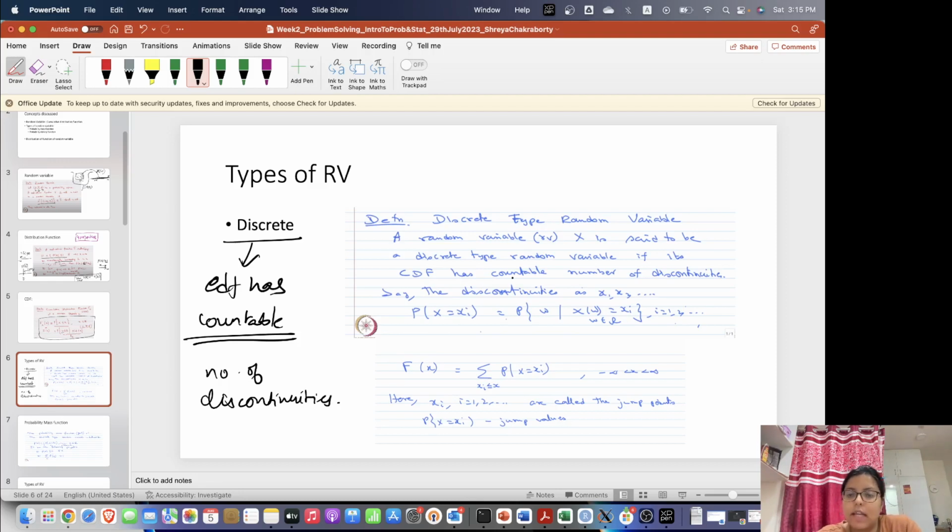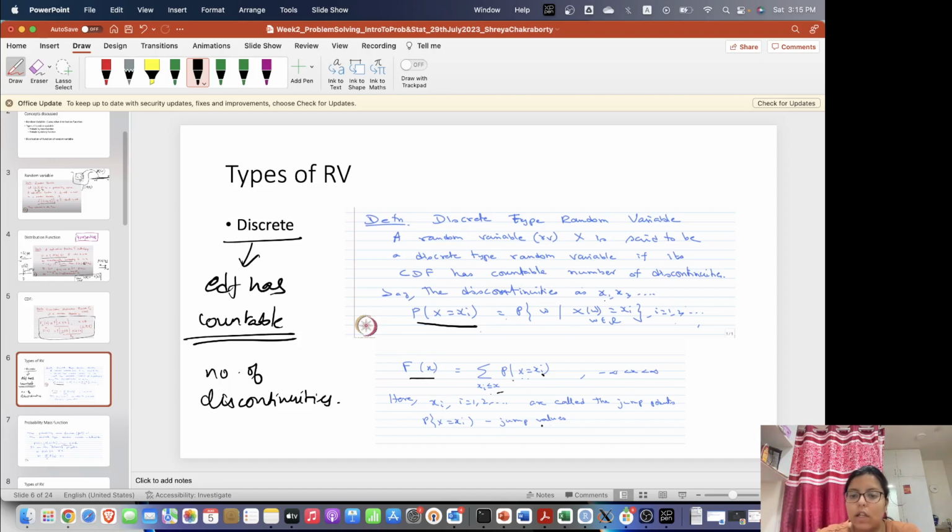Okay, so then the discontinuity points were described as x1, x2, x3, where at each discontinuity point there will be some probability associated with it, probability X equal to xi. And F(x) would be the summation of probability X equal to xi for all xi which are less than or equal to x.